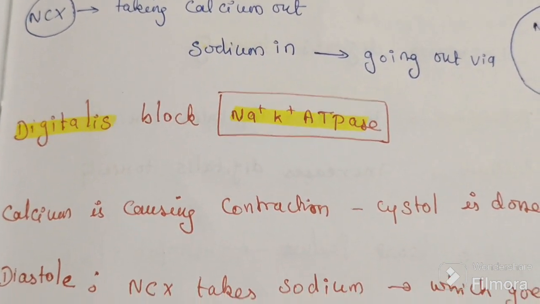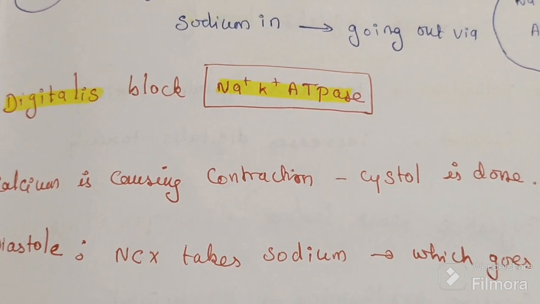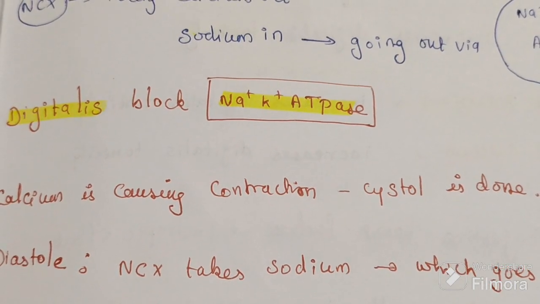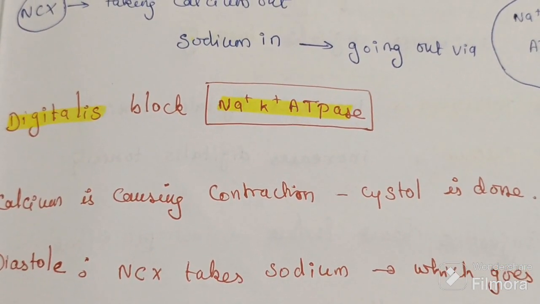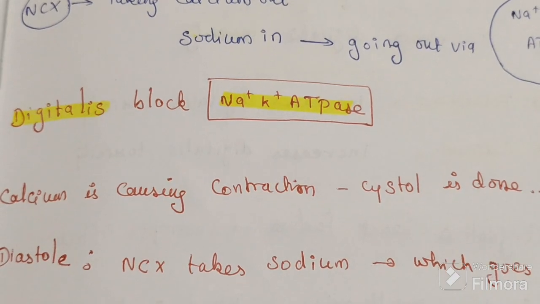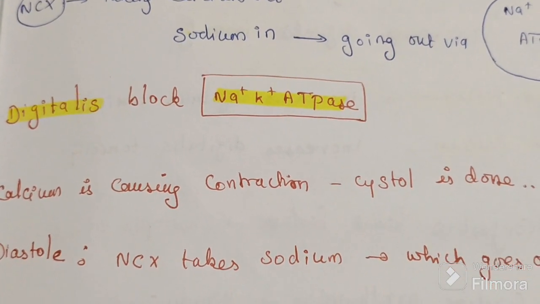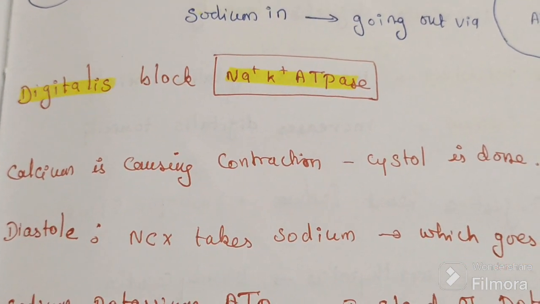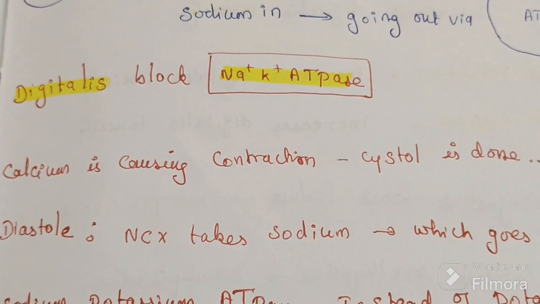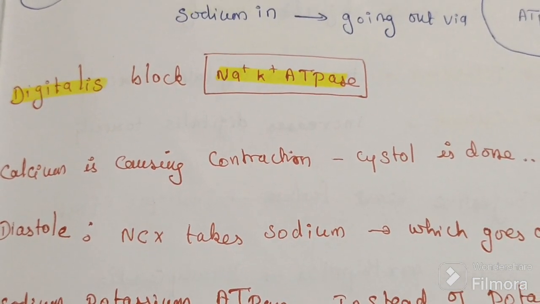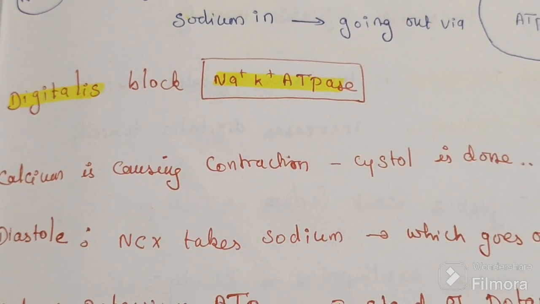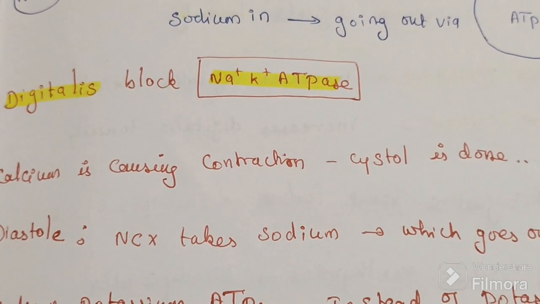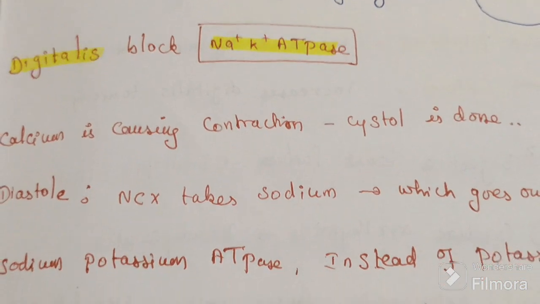So when the 1% of calcium requests the sodium calcium exchanger to go outside, this exchanger will reject the offer, so 1% will be trapped inside the cell only. Again and again it will stimulate the sarcoplasmic reticulum. Again and again it causes contraction, it increases the contraction, and that is the inotropic drug effect. This is how digitalis works.